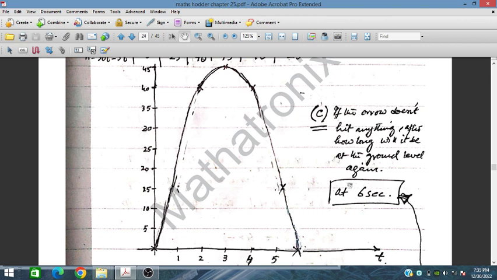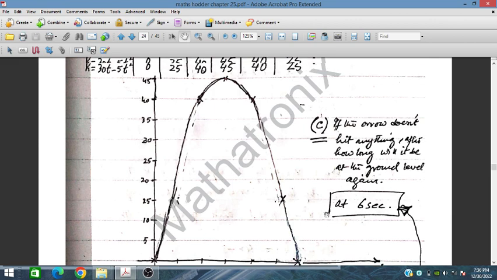So we have to determine at what time the arrow will reach the ground again. At t is equal to 0, the arrow is thrown upward and it will reach the bottom without interacting with any object, and we have to find the time when it will reach the ground.